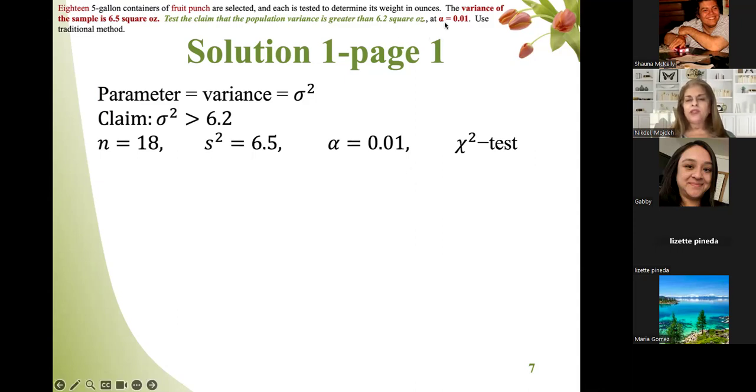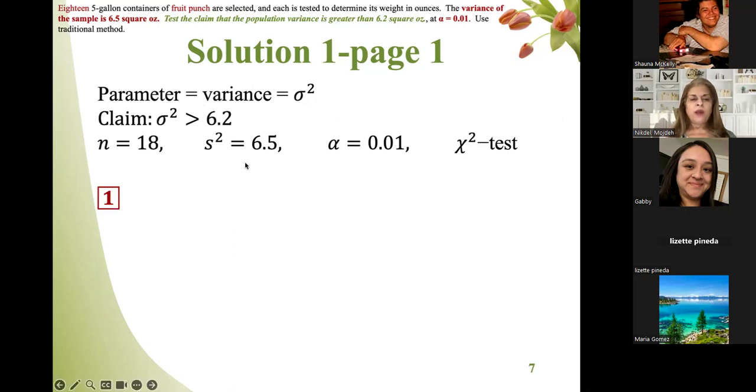Alpha is 0.01. And since we are dealing with the parameter variance, we are using the chi-square test, the same test that we used in chapter 7 for confidence intervals.